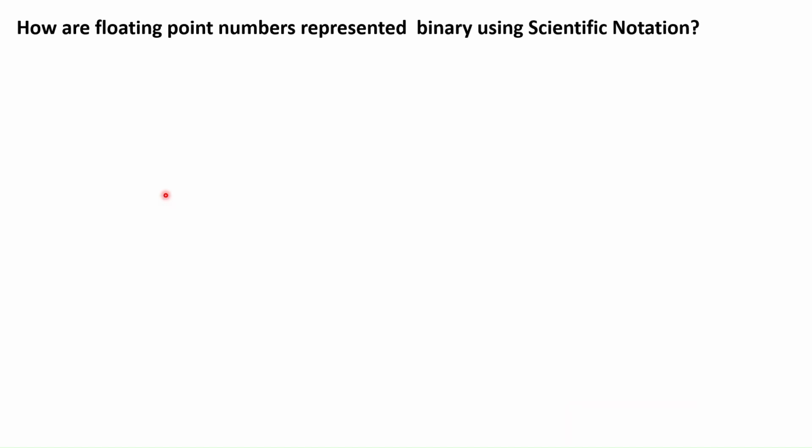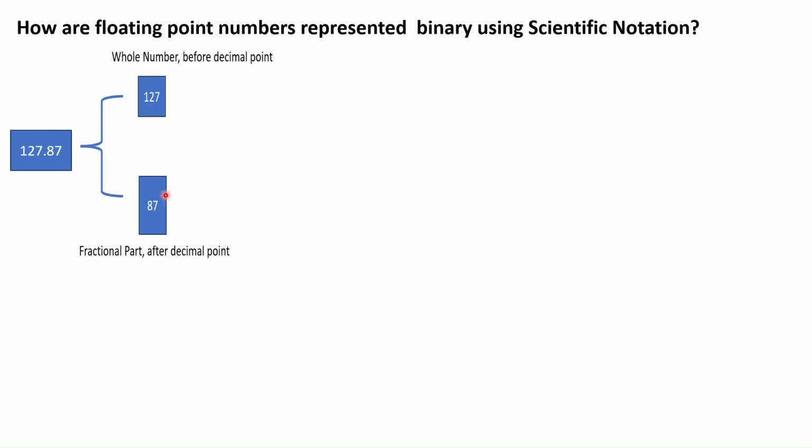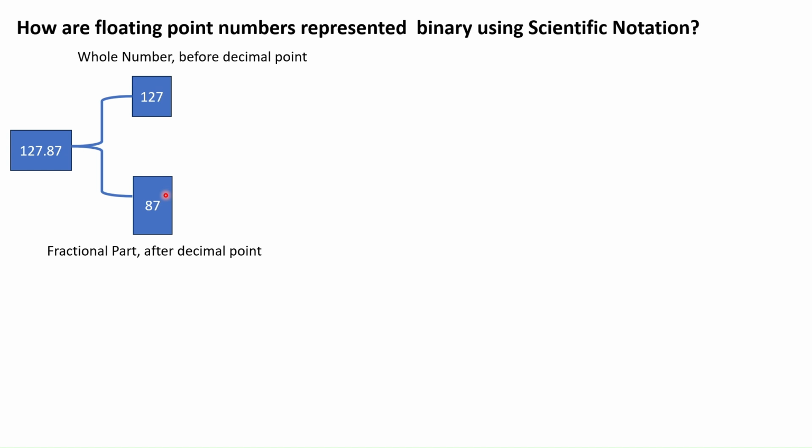Now if you have a floating point number, for example 127.87, it has two components. The whole number is 127 and the fractional part is 87. Both should be stored in memory, right?